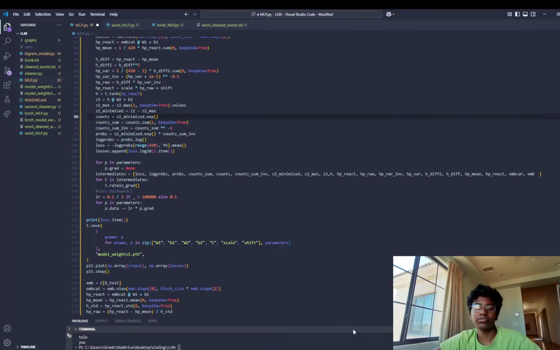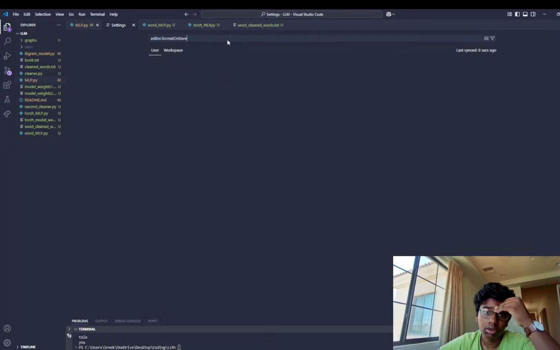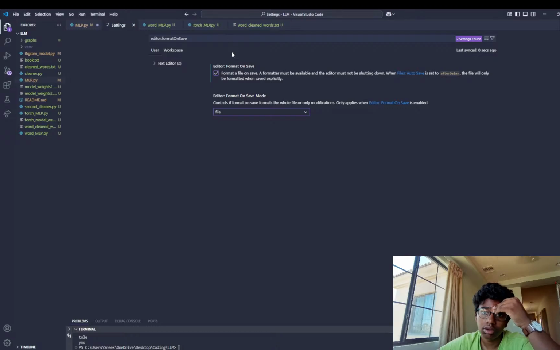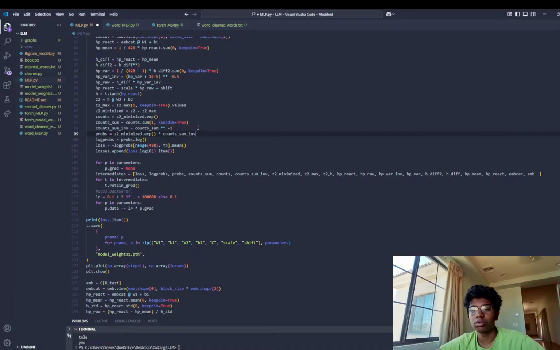It's running the black formatter. It's configuring it, I don't know why it needs to. It won't let me save, but for now it's good.